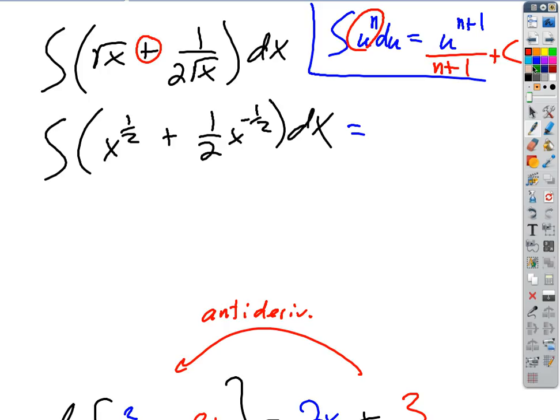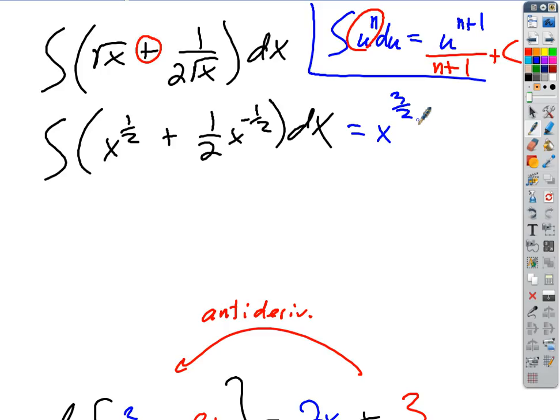Let's apply that to both of these two terms. So in the first term, what's n? 1/2. So then the answer must be x to the 1.5, otherwise known as 3/2, over 3/2.